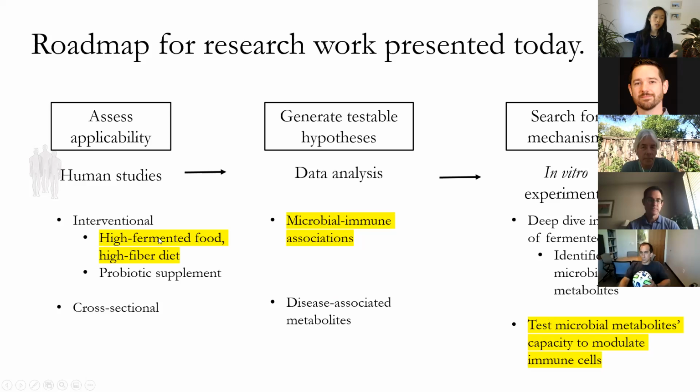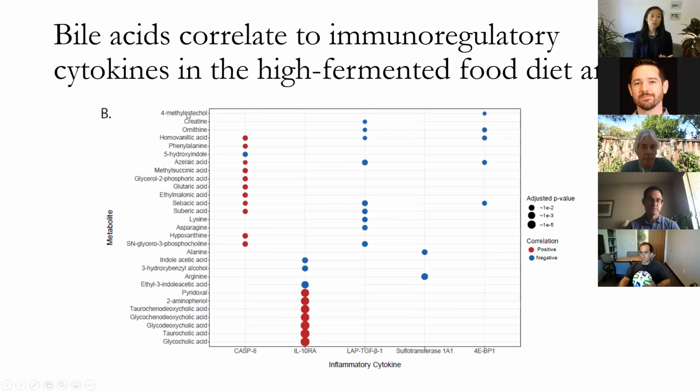So one part of the high fermented food cohort that we actually had to put in supplement, but is really cool. We did serum metabolomics of these participants, looked at how they changed over time and how they associated with the inflammatory change. And so this is small molecules or metabolites that we found in their blood. These are inflammatory cytokines and the statistically significant associations between the two.